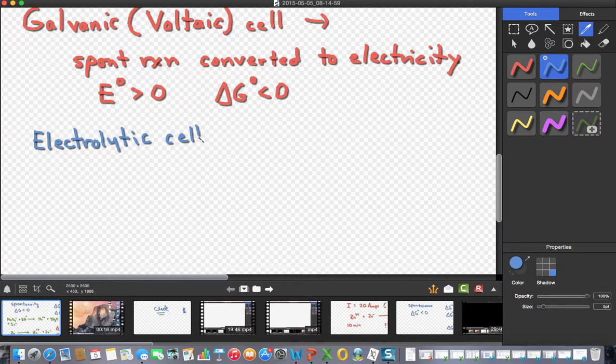And as its name implies, we are going to use electricity to lyse a compound. So we will take electricity. This electricity is usually in the form of a battery.